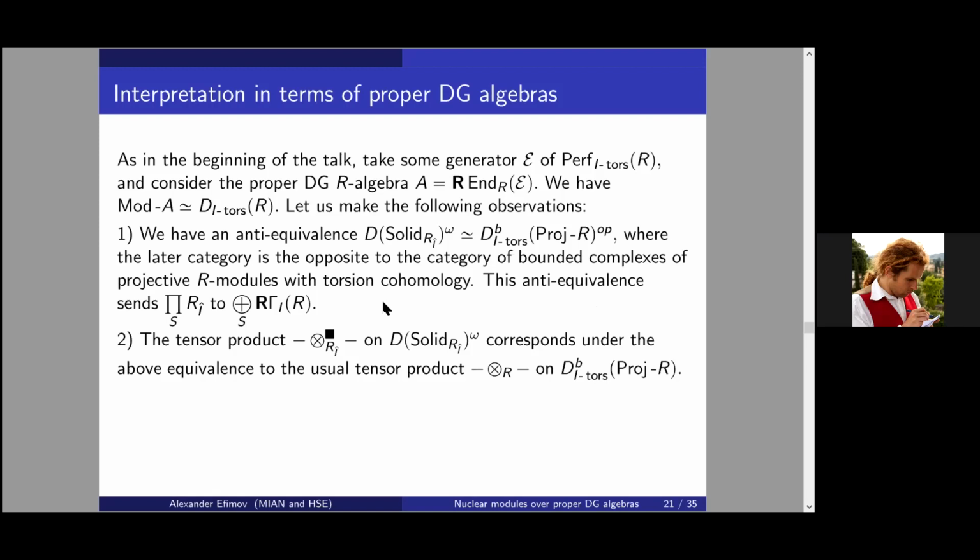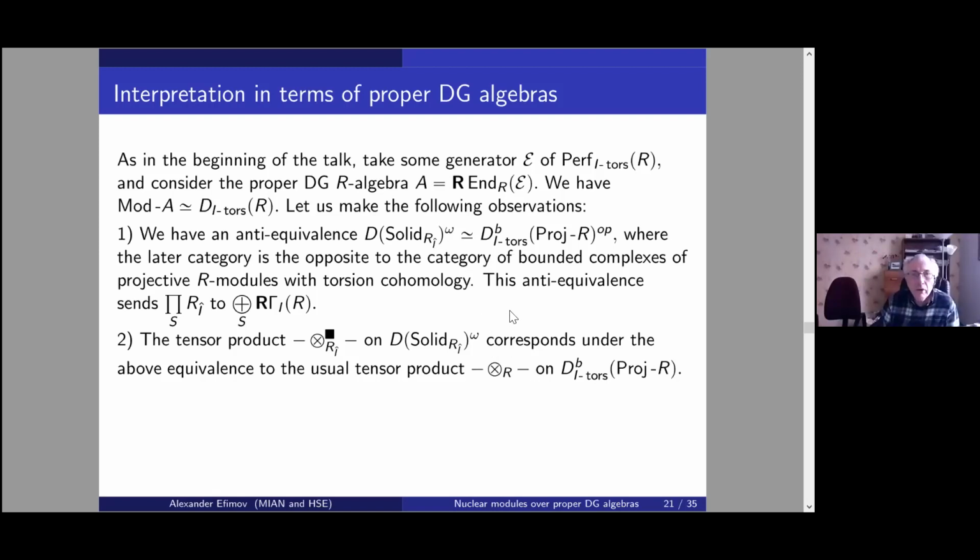Okay, and then this is the right-hand side, and now the left-hand side contains the letter omega, I believe. What is the meaning of this letter? No, it's just notation for compact objects. I see.